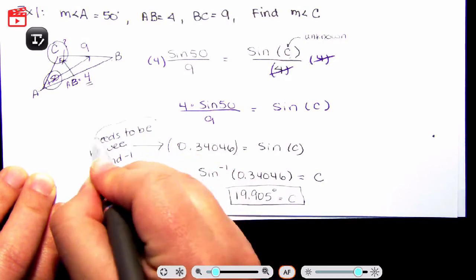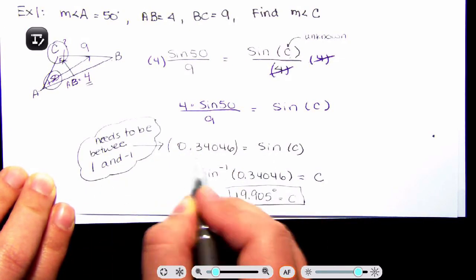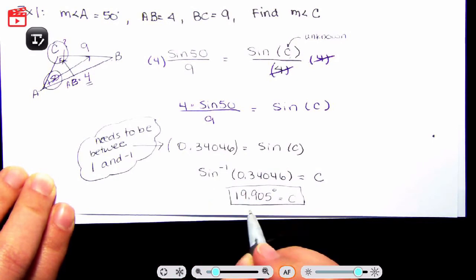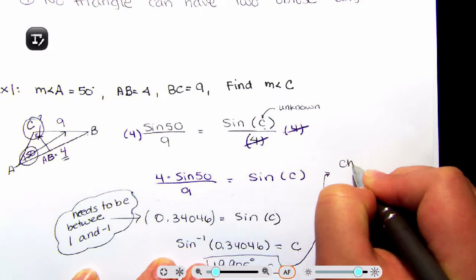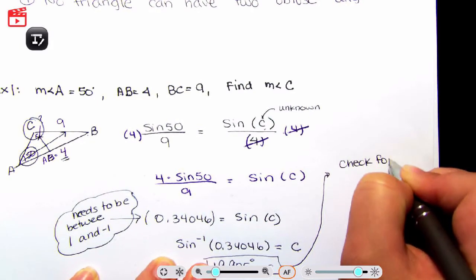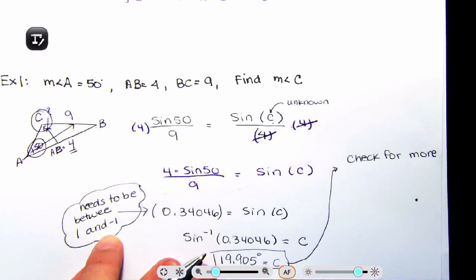So if this value is not between 1 and -1, then it won't work. This right here, at this step, is where you need to check. So if your value is not between 1 and -1, then you have no solution.